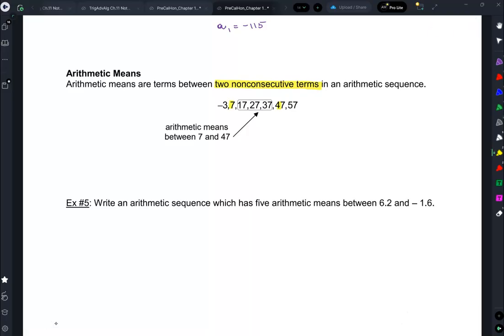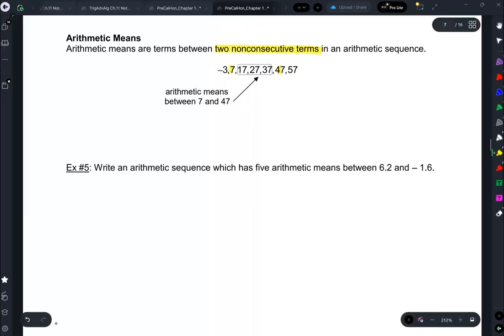So if you take those two numbers, all of the others that come in between are the arithmetic means between 7 and 47. Okay? And it's not that complicated to find them, right? Because you're just stepping.